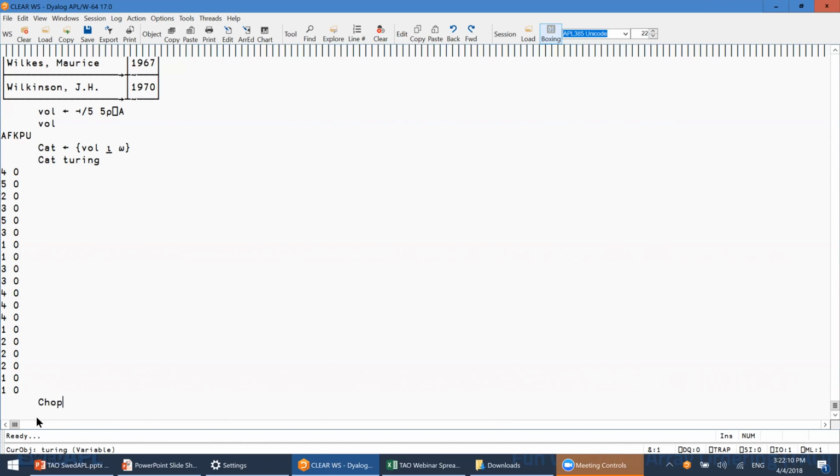So now we can define a function which chops our data into the appropriate pieces. And for that, we're going to use the key operator with a left argument.